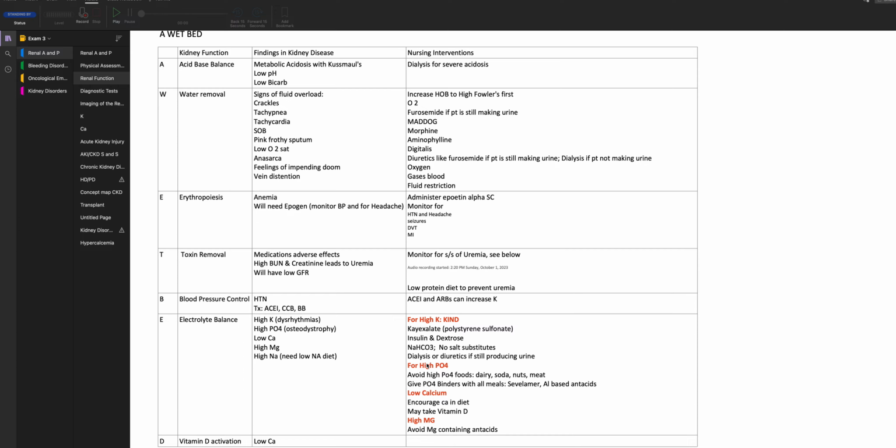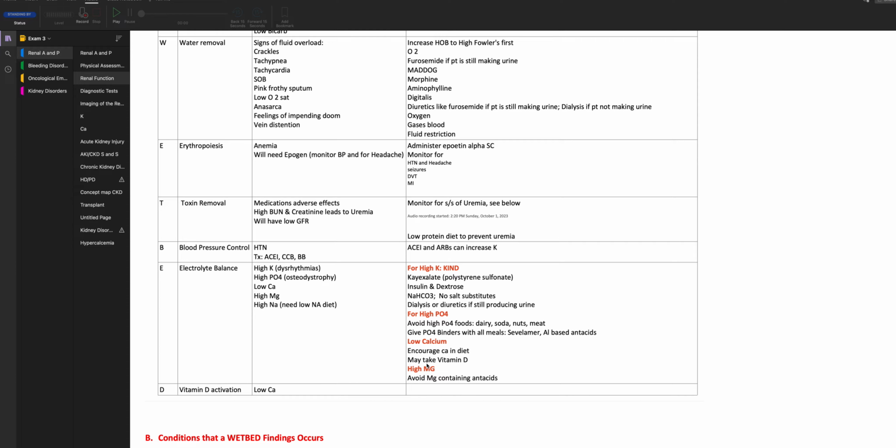For the low calcium that the patients are going to have, you encourage calcium in the diet, and they may take vitamin D. High magnesium, you want to avoid magnesium-containing antacids, and also magnesium-containing laxatives, because when I start going over diagnostic tests, some of them require laxatives to be given, and you have to check the BUN and creatinine before you can give that.